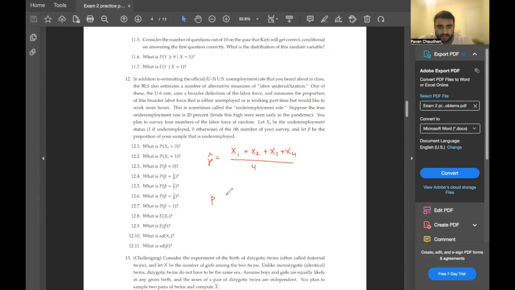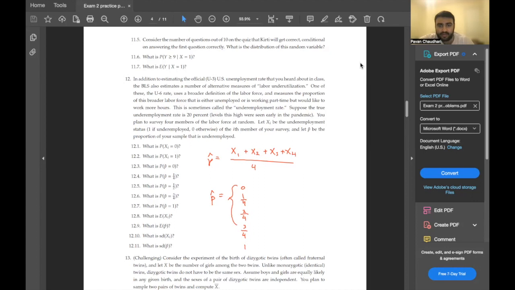P hat could be, well, if all the X's are zeros, then it could be 0. If this X is 1 and the rest of them are zeros, then it could be 1/4. If these two are 1 and the rest of them are zeros, then it could be 2/4 or 1/2, and then it could be 3/4, and then it could be all of them are 1s, which would cause it to just become 1.